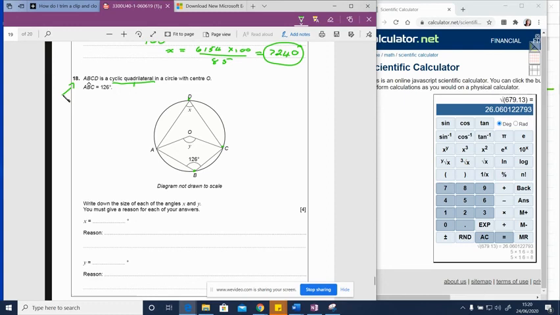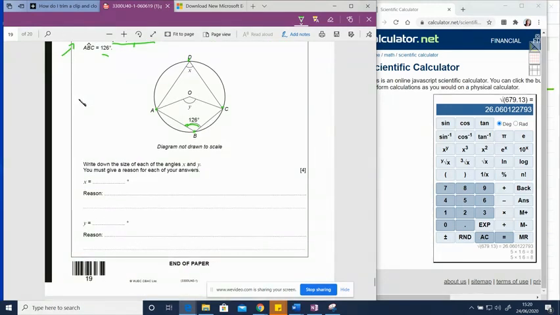That means it's a cyclic quadrilateral. It tells us that angle ABC is 126. It asks us to write down the size of each of the angles X and Y and give reasons for our answer. So let's start with angle X.